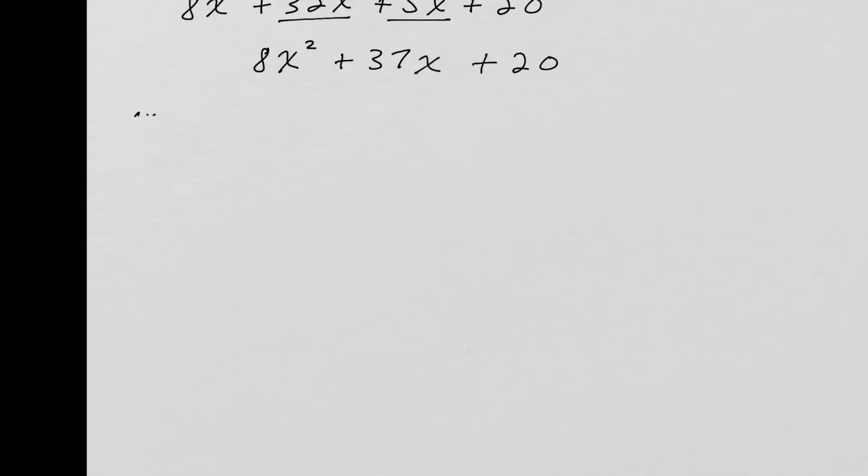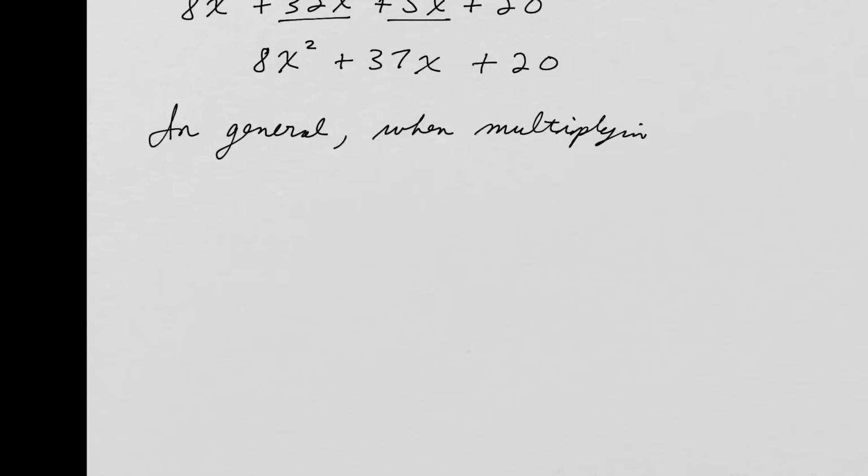So in general, when multiplying two polynomials together, and they could be anything, they don't have to be binomials, it can be any two polynomials.